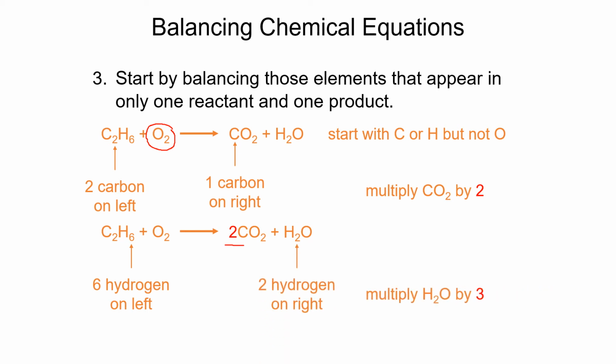So we need to put a coefficient in front of water. That is 3. So that will make 6 hydrogens on the left and 6 hydrogens on the right. Now hydrogens are balanced.